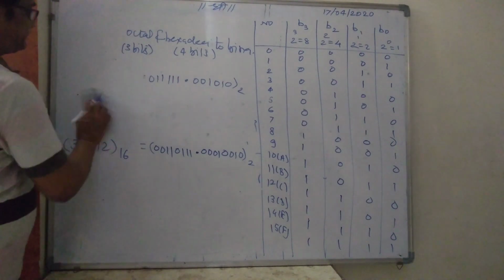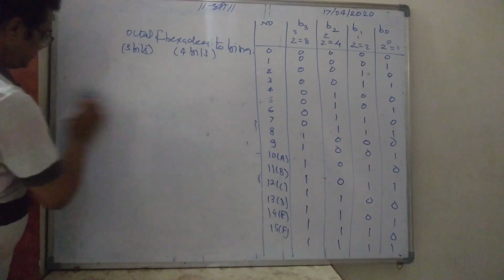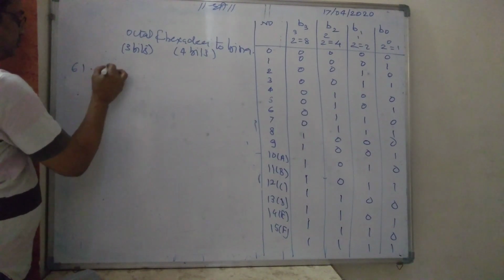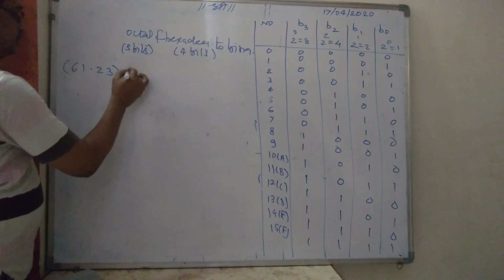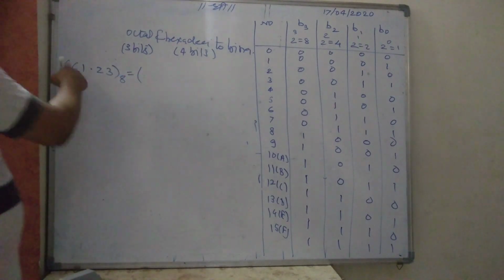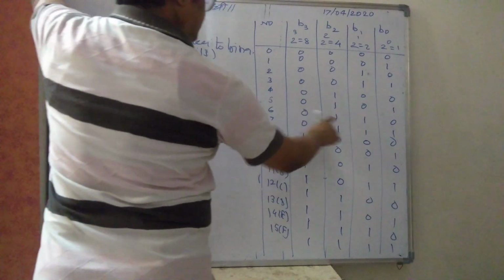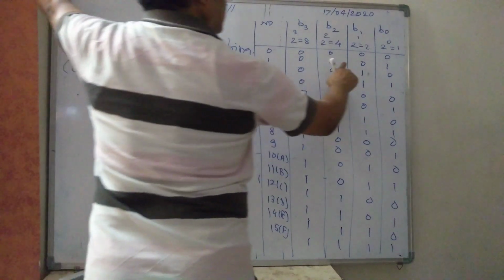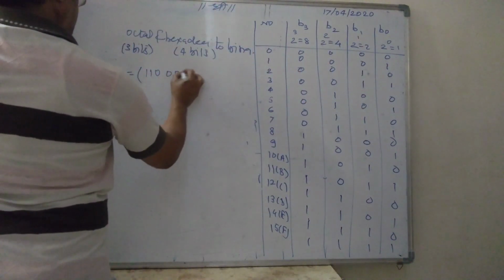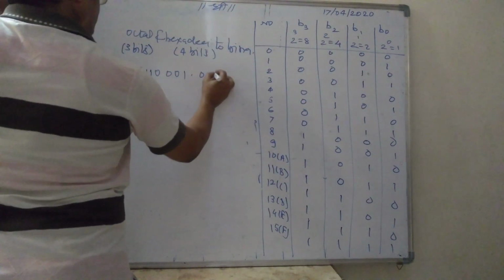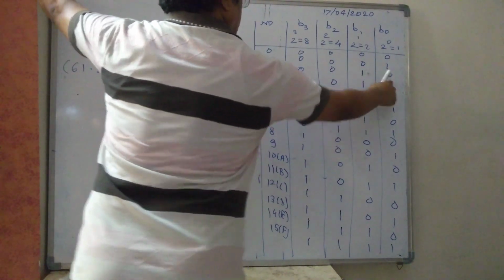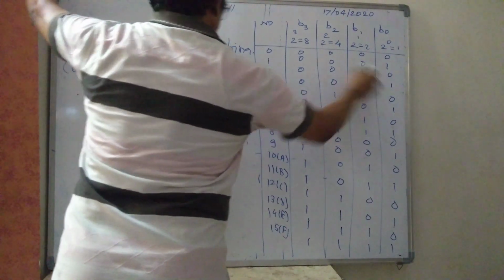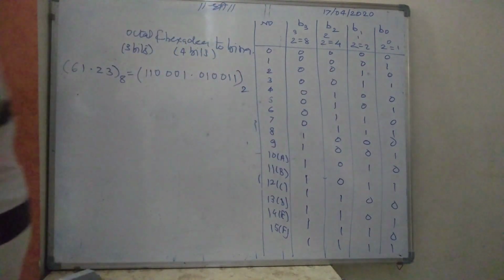Another example we will take. Octal 6 in 3-bit is 1 1 0, 1 is 0 0 1, 2 is 0 1 0, and 3 is 0 1 1. This is into binary.